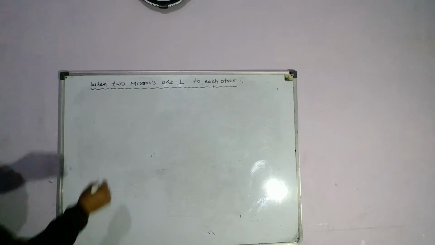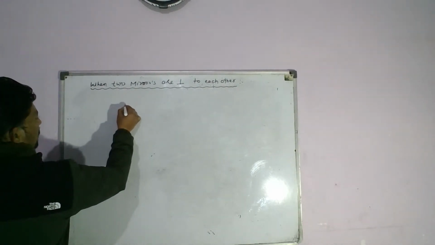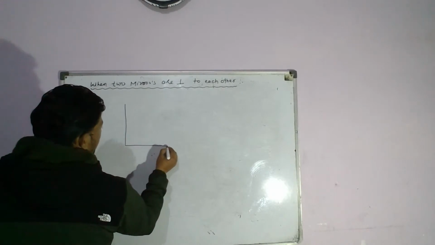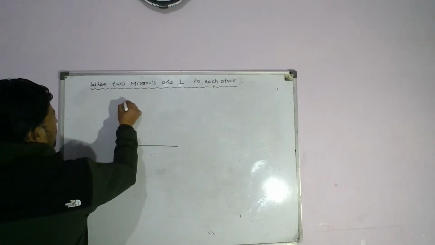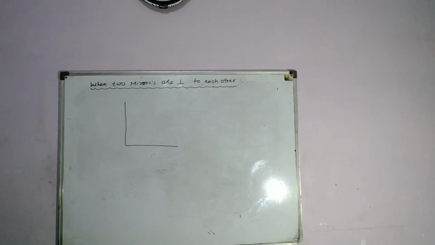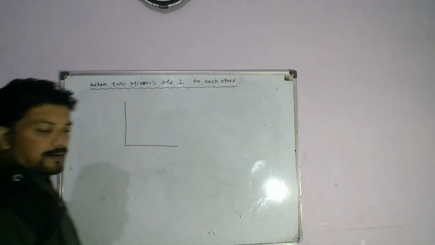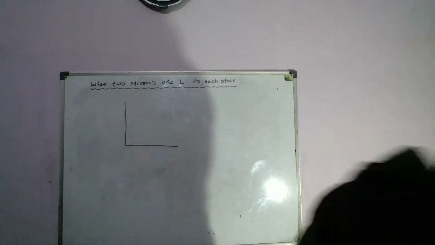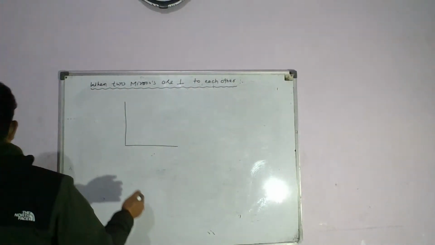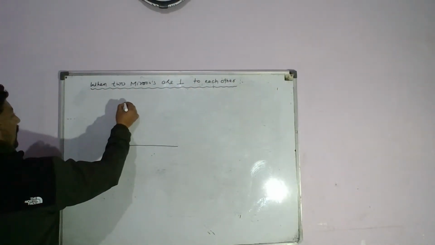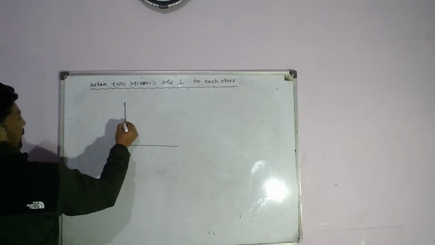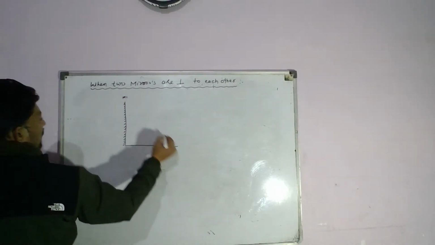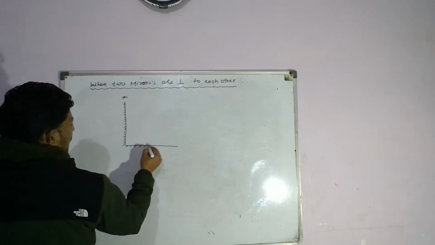You can see here these are the two mirrors which are perpendicular, meaning 90 degrees. This mirror is M1, and this mirror is M2.